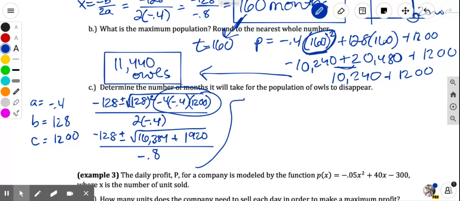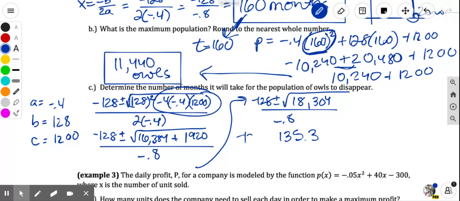Okay, so continue up here. Next we have negative 128 plus or minus 16,384 plus 1,920 is 18,304. Again, over negative 0.8. Okay, now we need the square root of 18,304, which is 135.3.